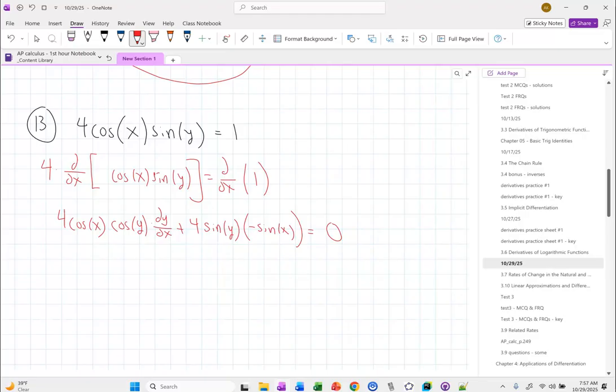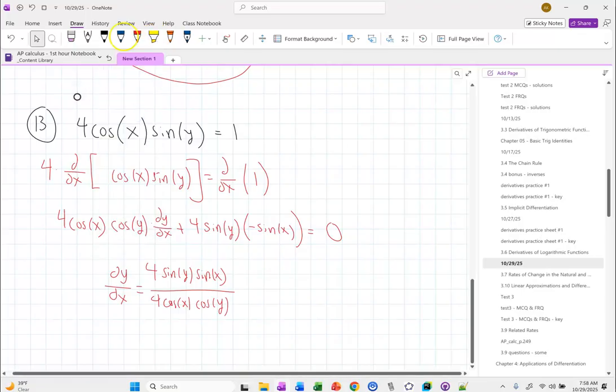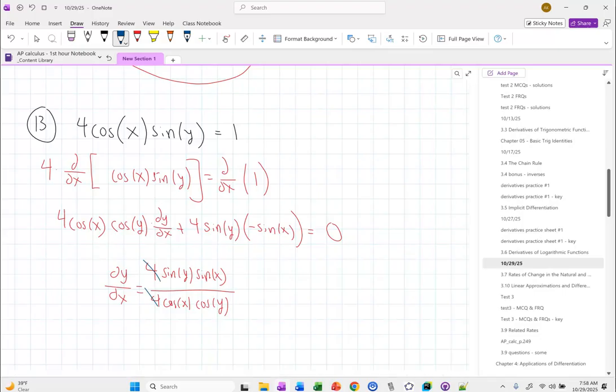So I'm going to add over the 4 sine y sine x. I'm adding because it's really a negative there. And then we'll divide over afterwards the 4 cos x cos y. So I notice that the 4s can go.